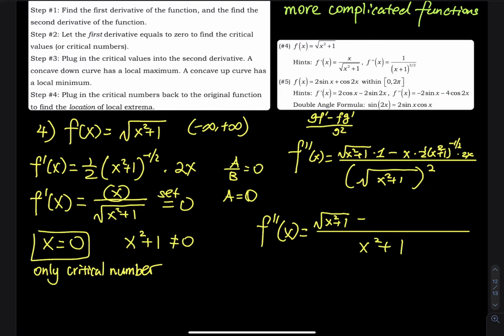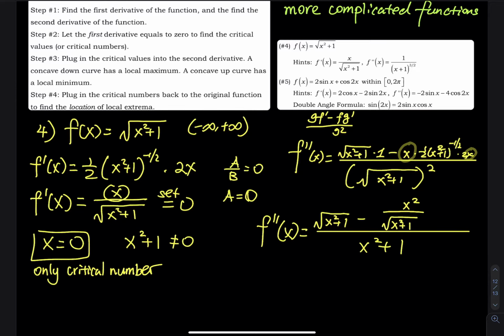We have an x here and another x, so basically we have an x squared, and then the square root of x squared plus 1.